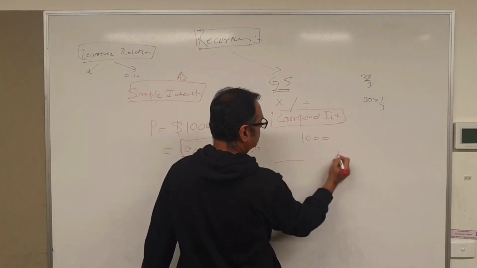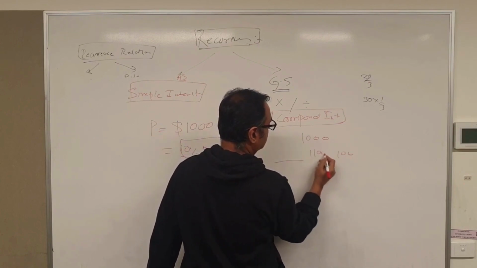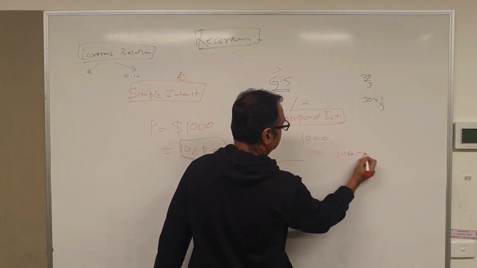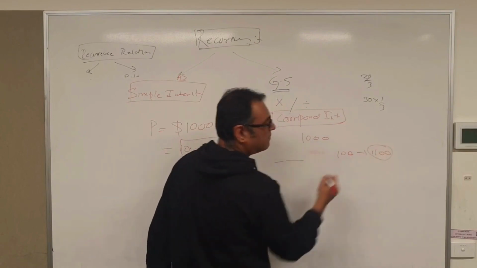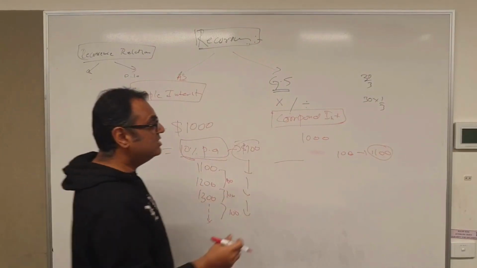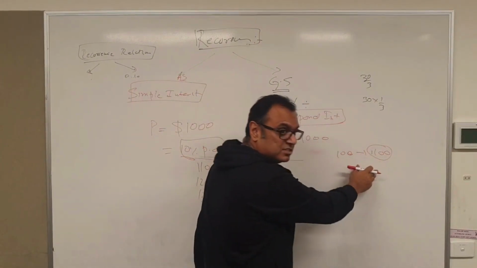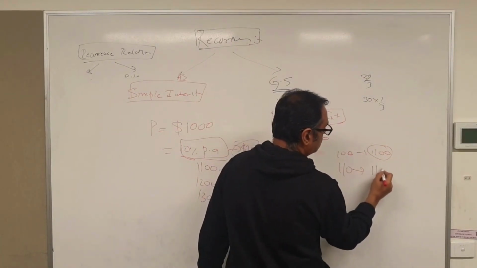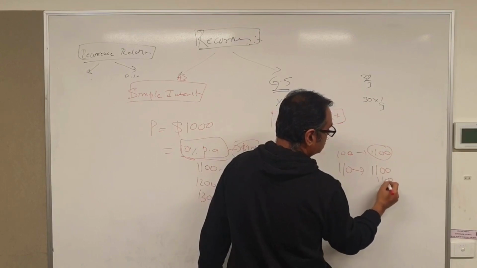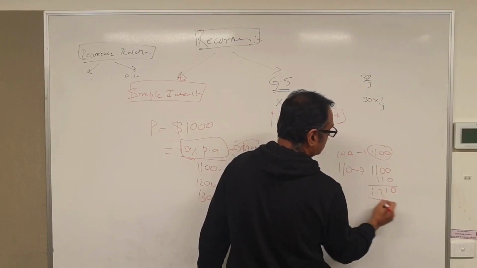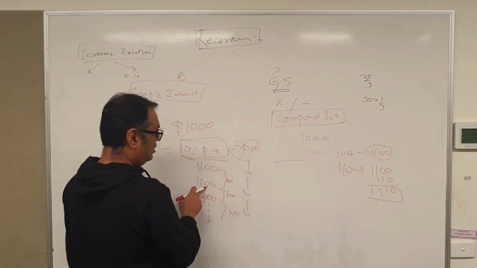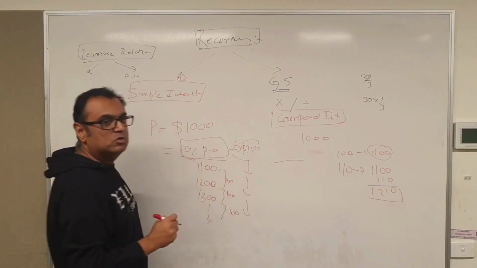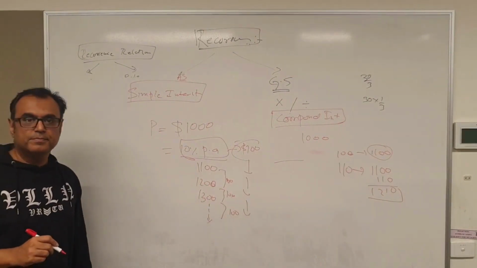First year you get 100, so your balance became 1,100. Now next year you will get 10% of the last amount, so you get $110. So your balance would be 1,100 plus 110, so 1,210. So you get $10 more than someone who's sitting on simple interest.